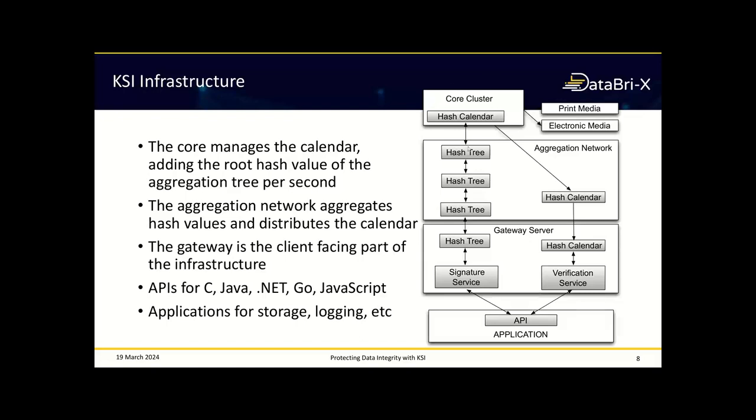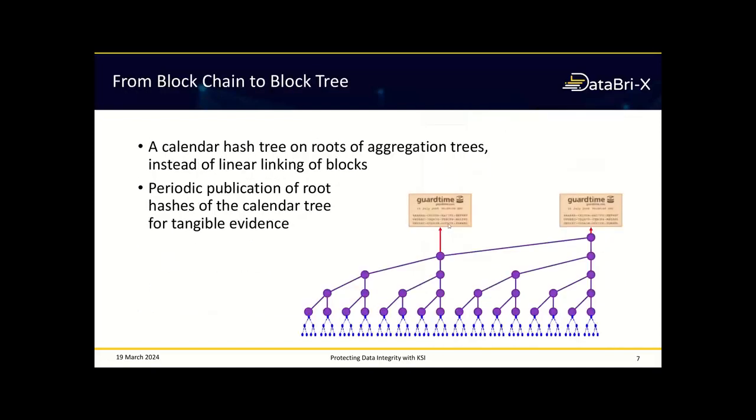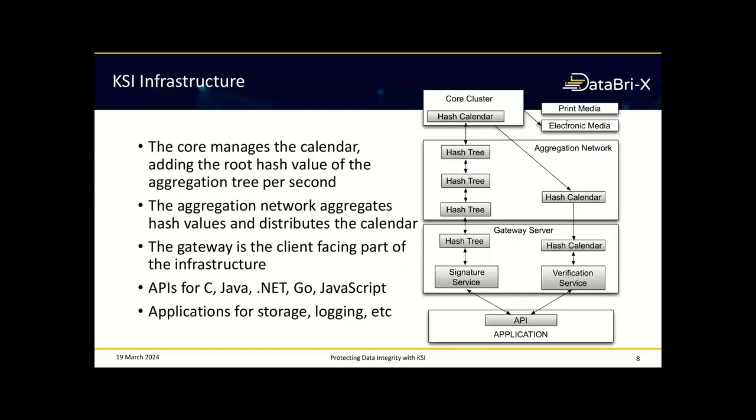The goal, or the role or function, of the core cluster, as said, is to maintain the hash calendar only, and also to produce those summary values for publishing, which we publish in print media, in newspapers, for providing very strong tangible, physical evidence. But for convenience, we also distribute it in electronic form.